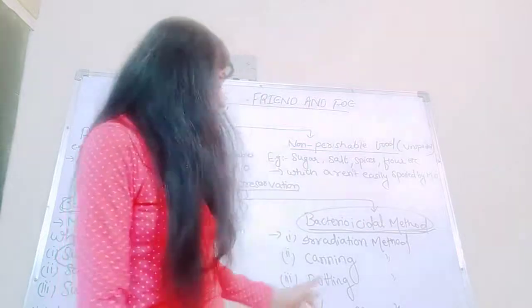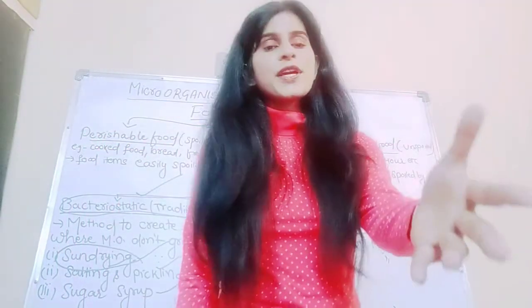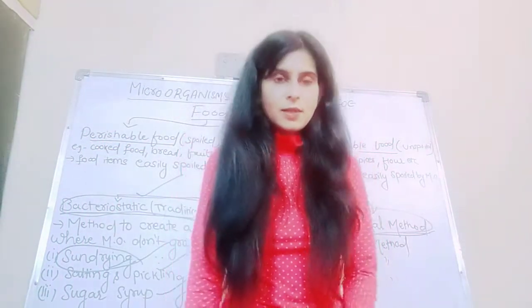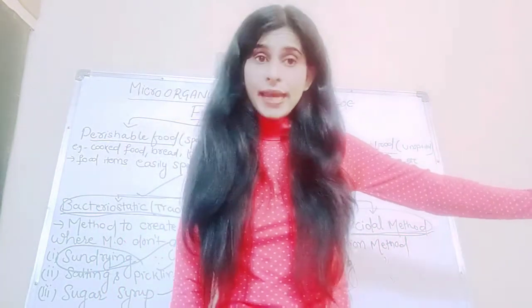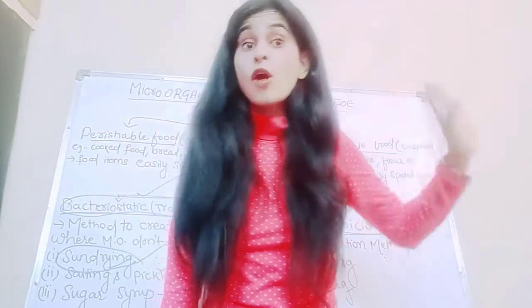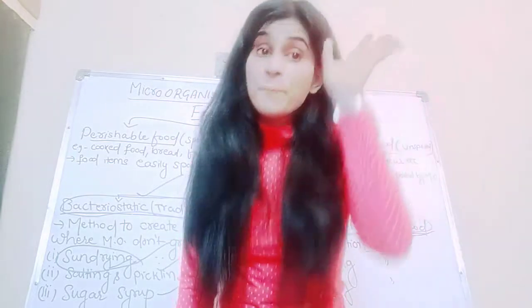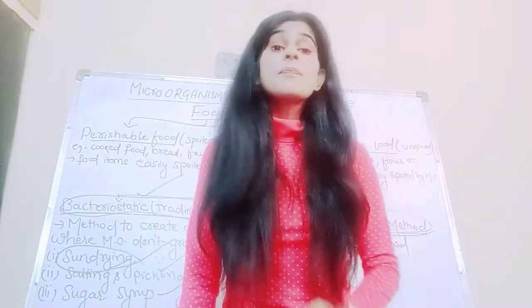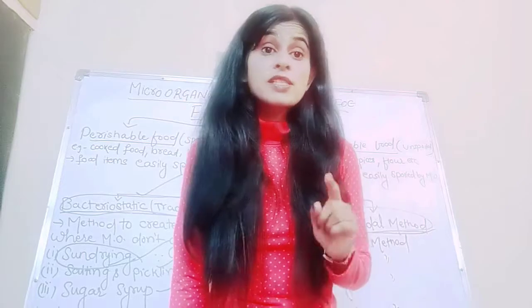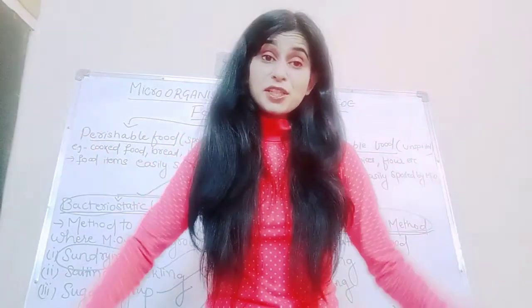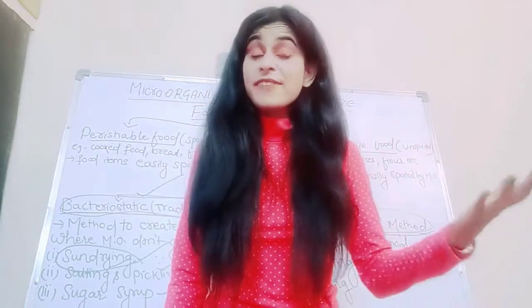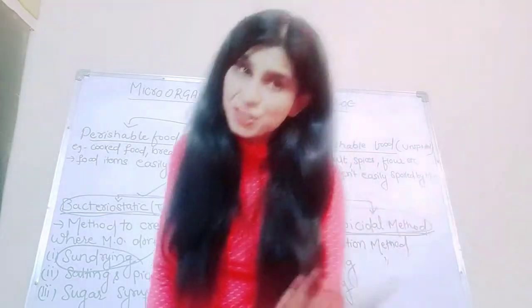Done. The third one is the bottling method. Yes guys, we use bottled milk. The milk bottles which are sold in the markets can be preserved for a longer period of time because the bottled milk undergoes the process of pasteurization. What is this pasteurization? It was first developed and discovered by Louis Pasteur.